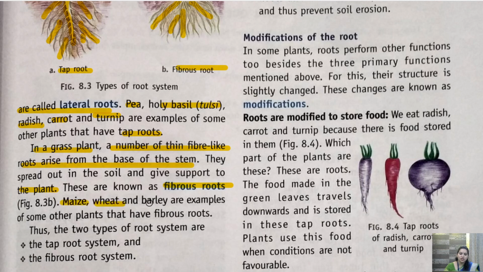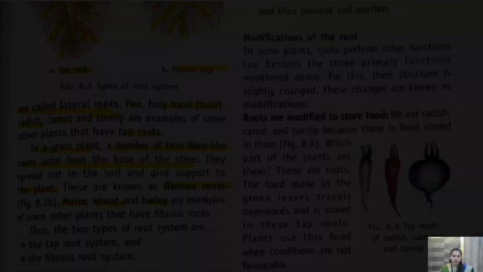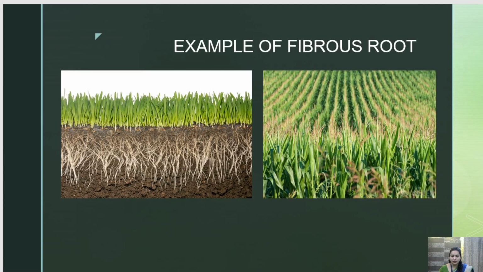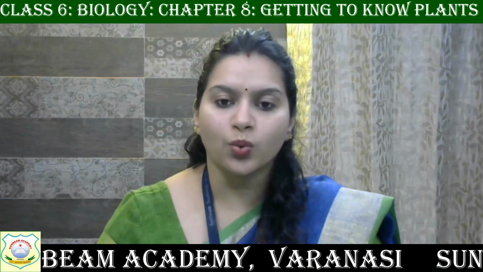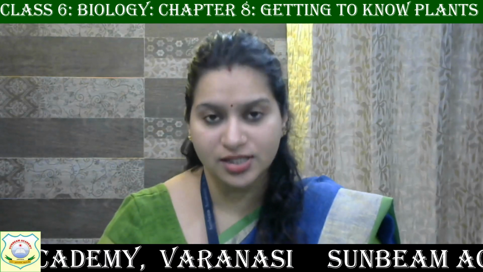Maize, wheat, barley are the examples of fibrous root, as you have seen in the figure. As you can see here, there are several thread-like structures present. Alright, so it is a grass and they have various fibrous roots. So I hope you are clear with what is fibrous root and what is taproot.